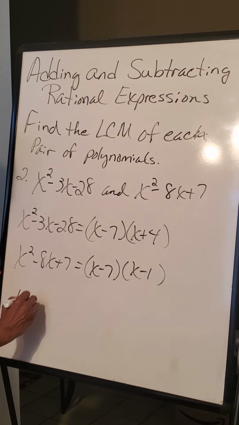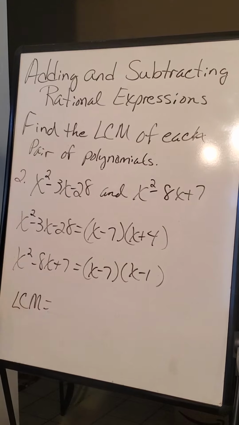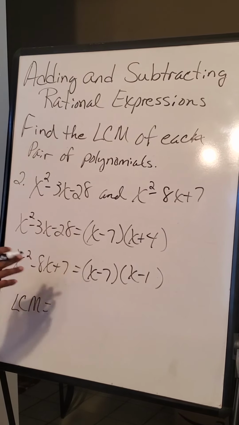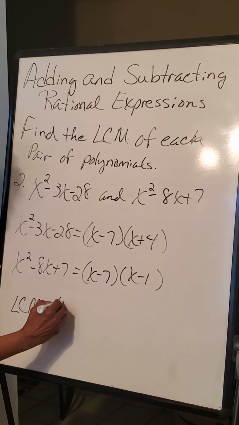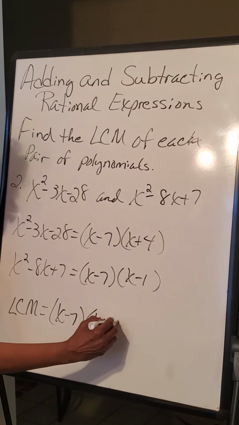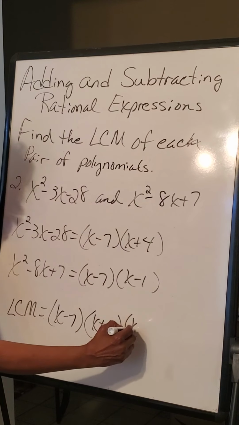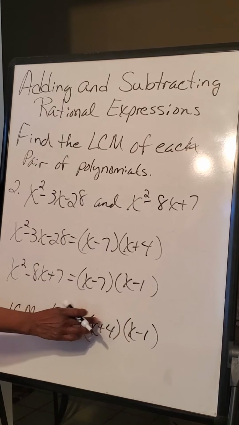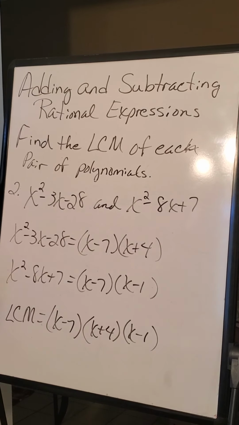So to find my LCM, which is also going to be my least common denominator, I'm going to write down my different factors. I have an x minus 7. I have an x plus 4. And I have an x minus 1. And the greatest exponent for each one of those binomials is to the first power. So that is your LCM.